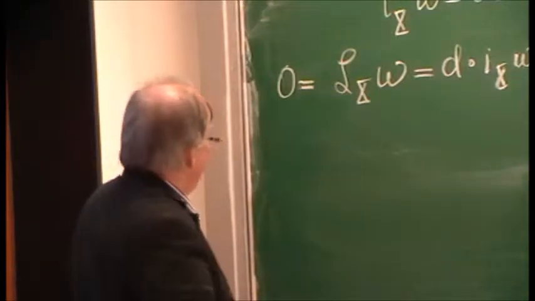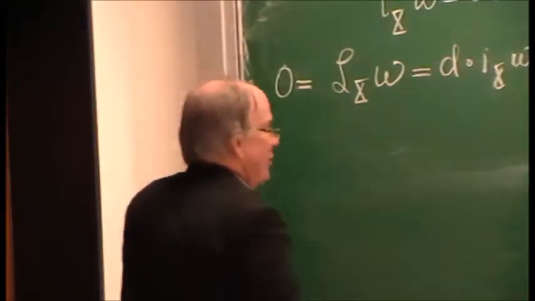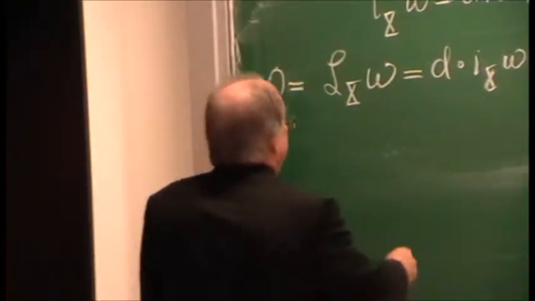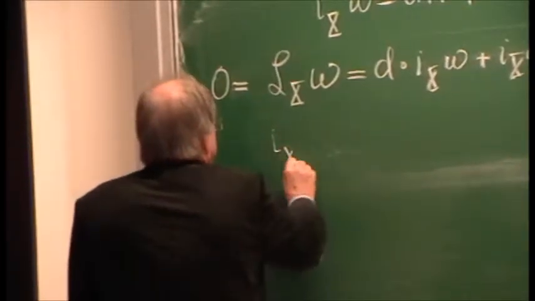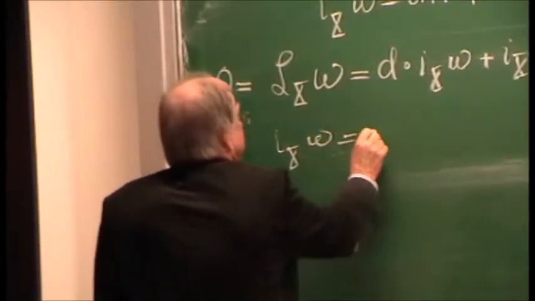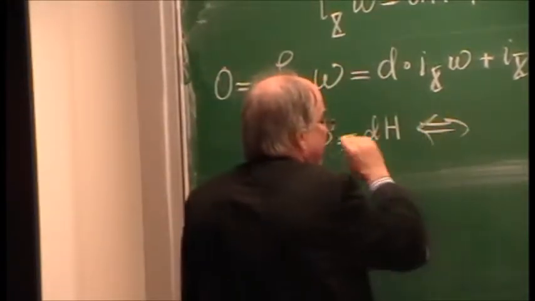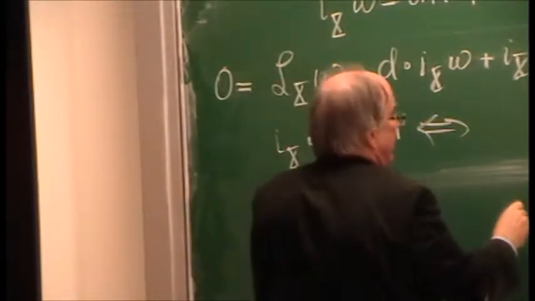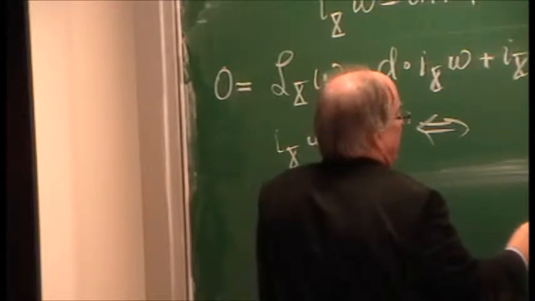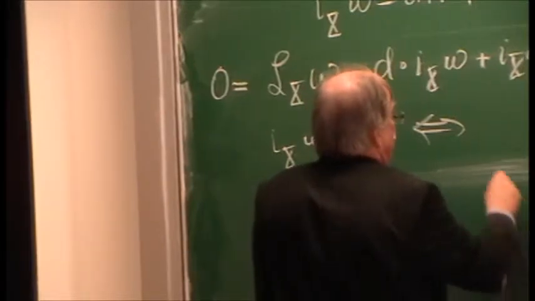Well, we're almost home. So the contraction I_X omega equals dh if and only if the one-form is exact.